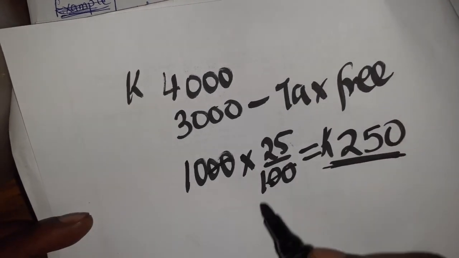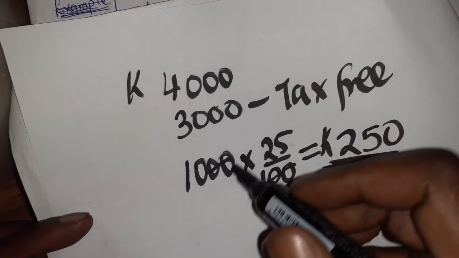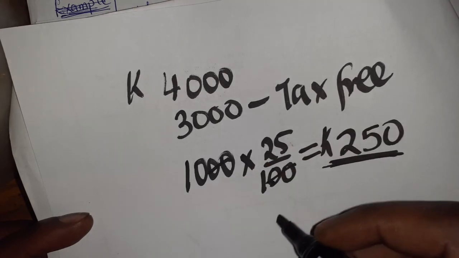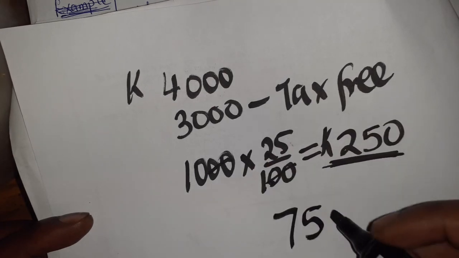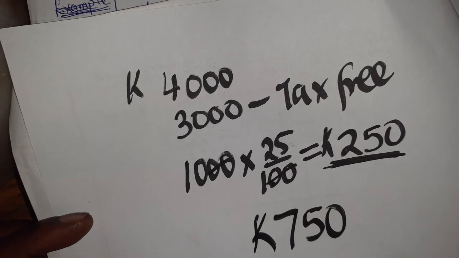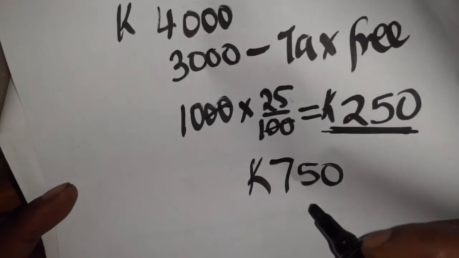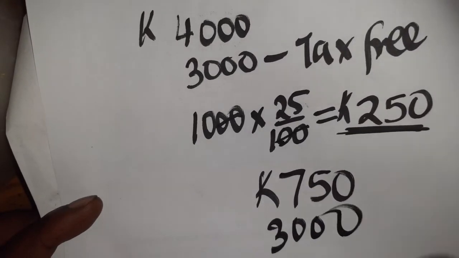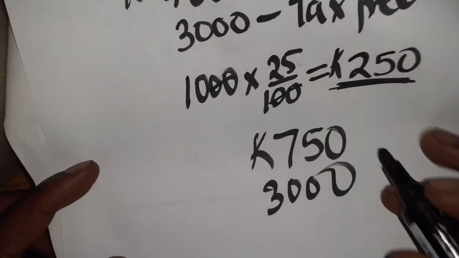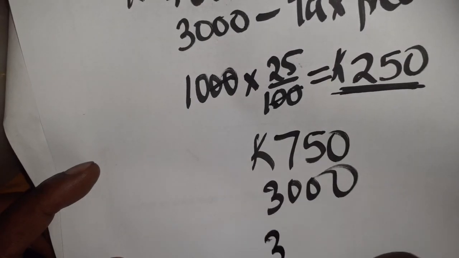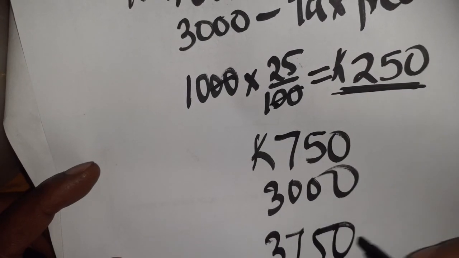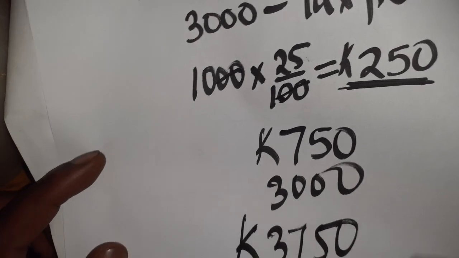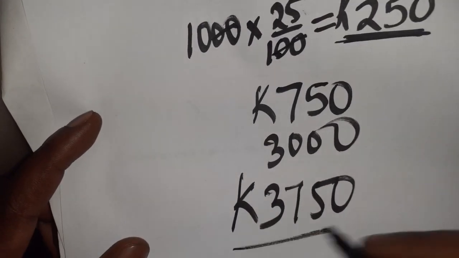From this 1,000, she's going to remain with 750 kwacha. So her total income is going to be 750 plus the 3,000, which is tax-free. So her net pay is going to be 3,750 kwacha. Take note of this.